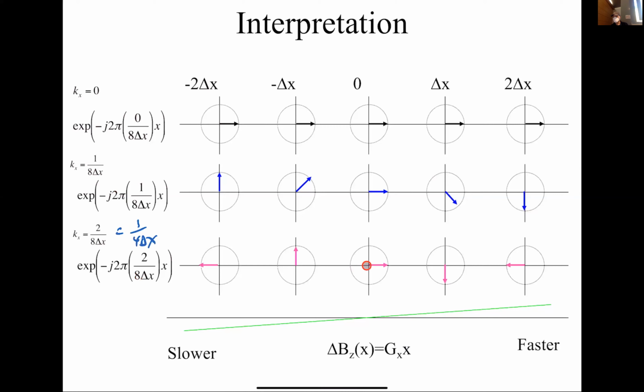And if you look here, this spin has gone clockwise that way, this spin has gone counterclockwise that way, and this has gone all the way this way, and this has gone all the way that way. So I'm just trying to motivate the fact that if you have spins in the presence of a linear gradient, you can get these phasor patterns that are essentially just the basis functions for your Fourier transform.